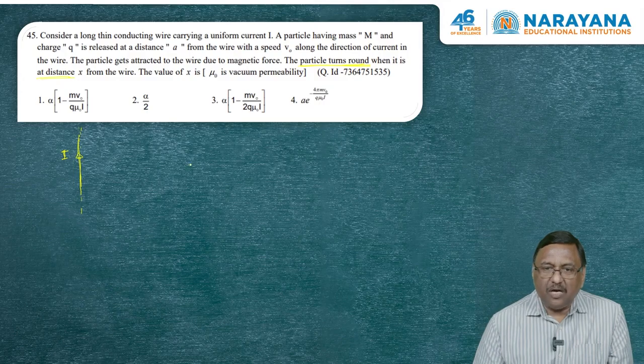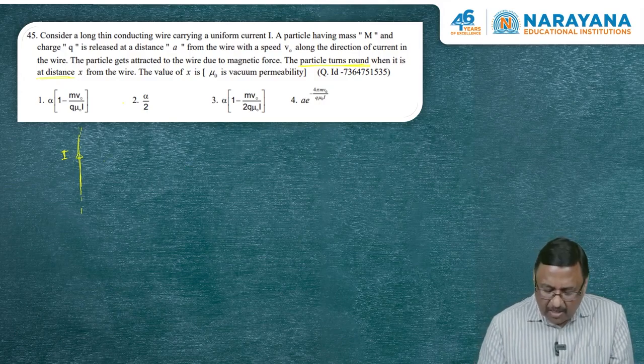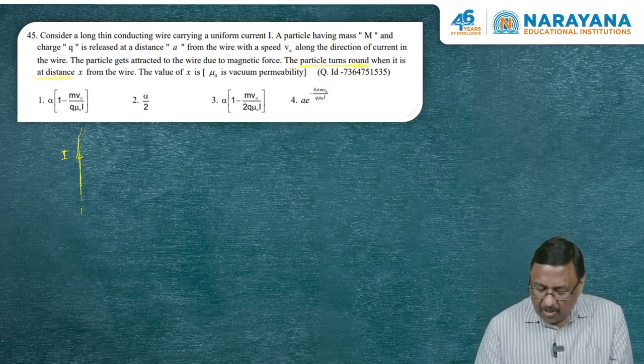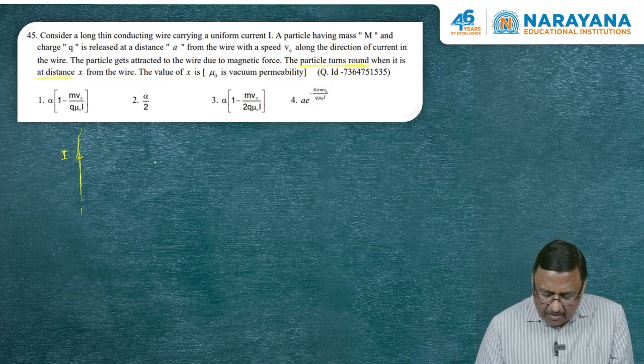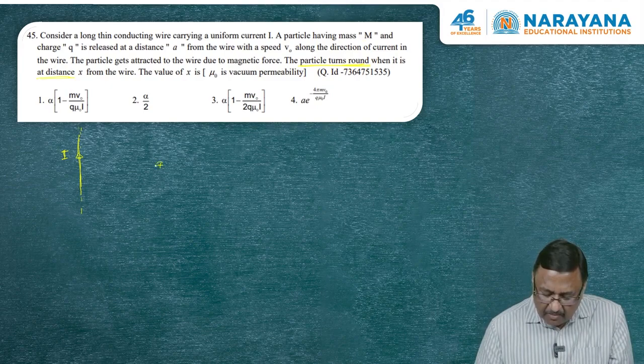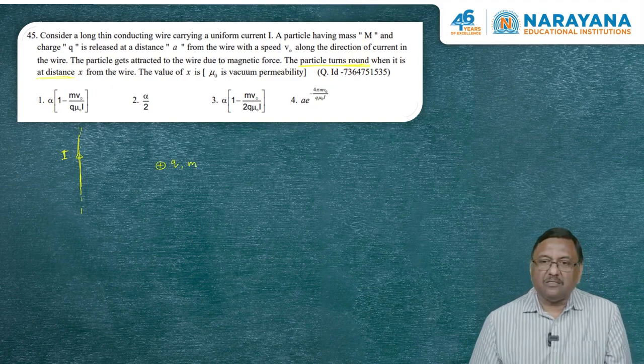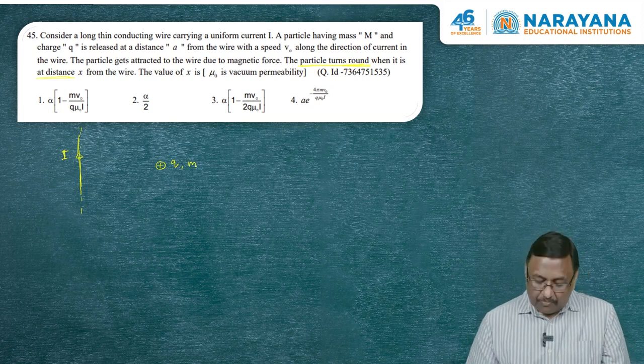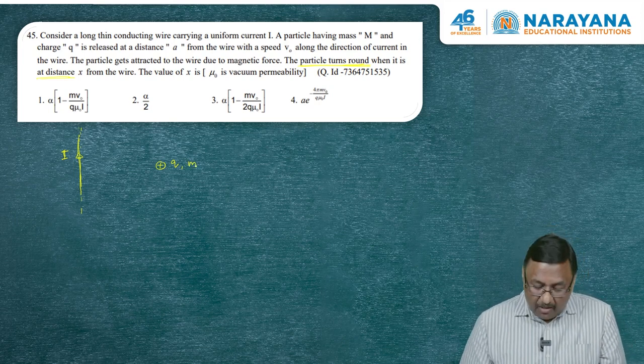A particle having mass capital M, I'm not bothered because in the answers they are writing small m. Suppose there is some mass here, with mass m and charge positive q. Now listen to this question very carefully, how we are proceeding.